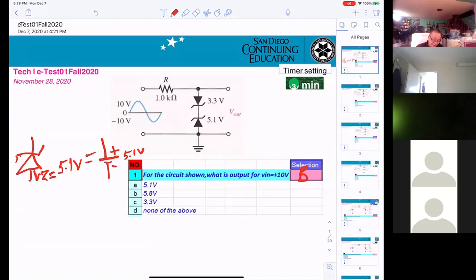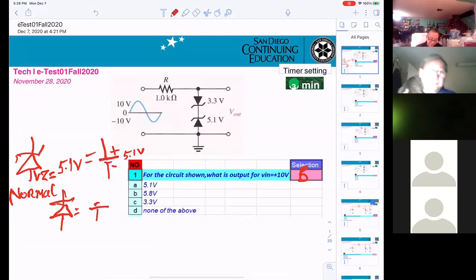And now if it's working normal, then it will look like a normal diode. That equivalent is positive here, negative here, and the voltage is 0.7 volt.